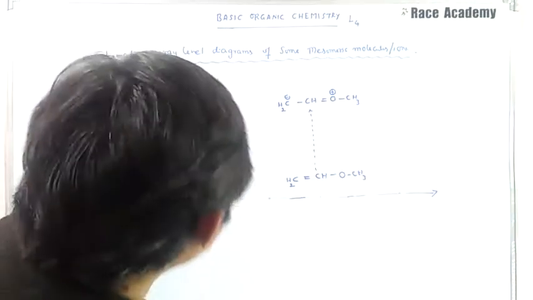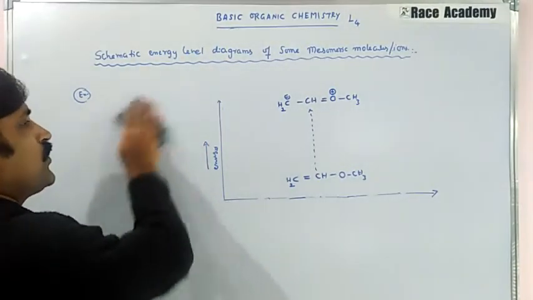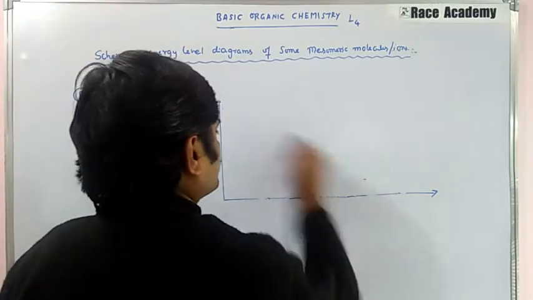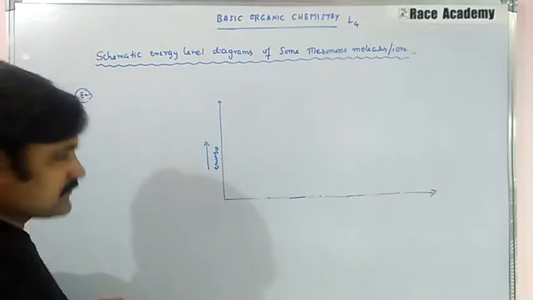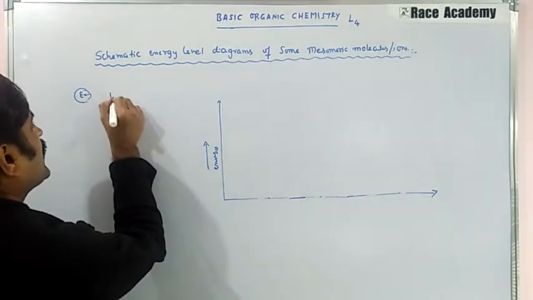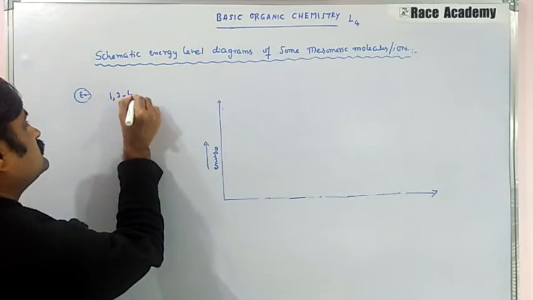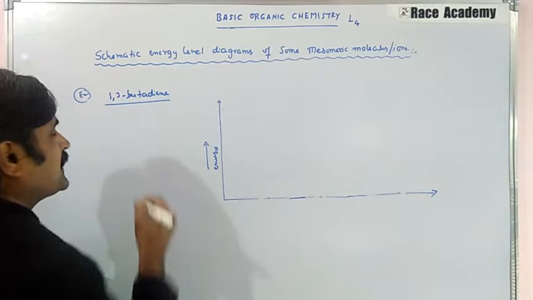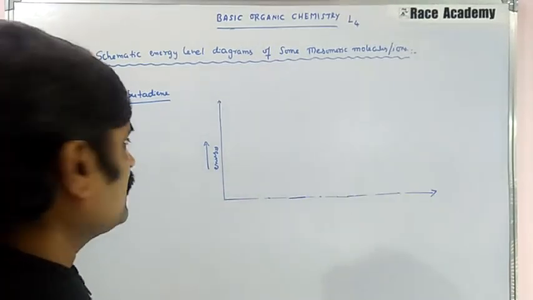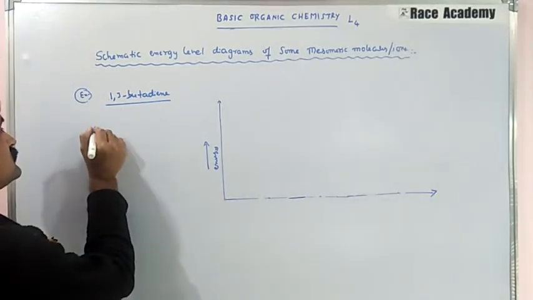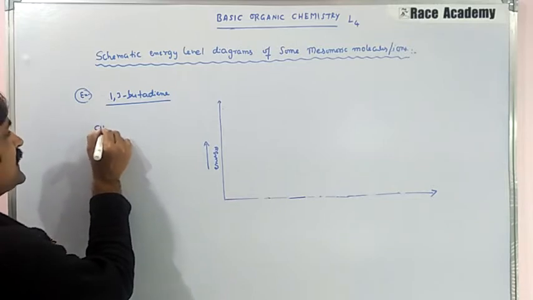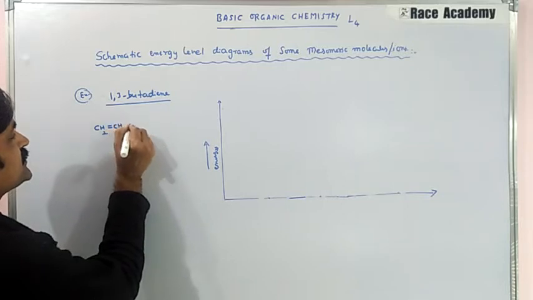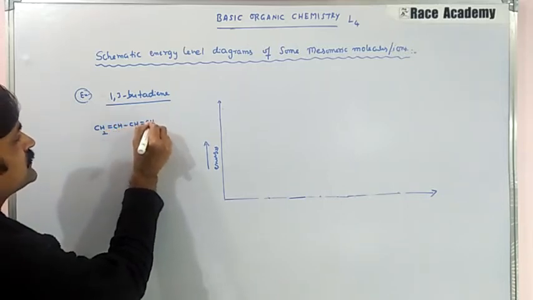Next, we are going to observe 1,3-butadiene. Actually, this is nothing but CH2=CH-CH=CH2.